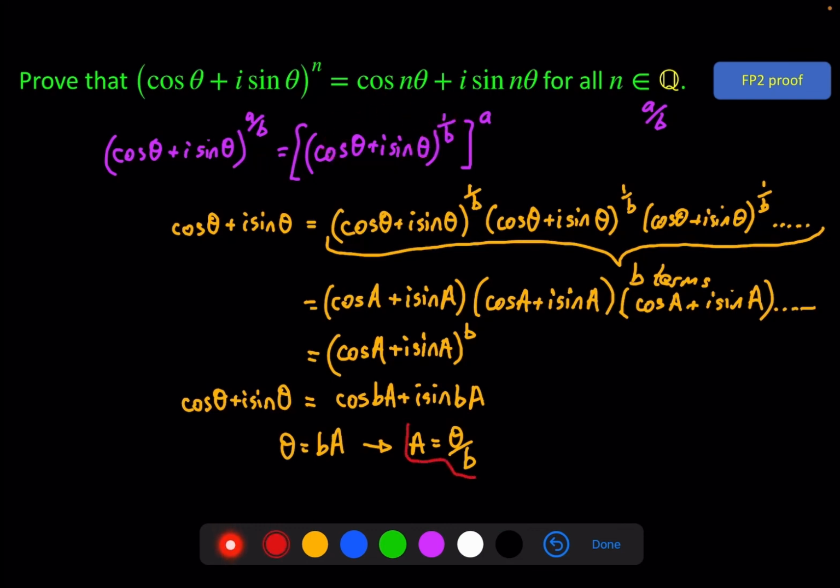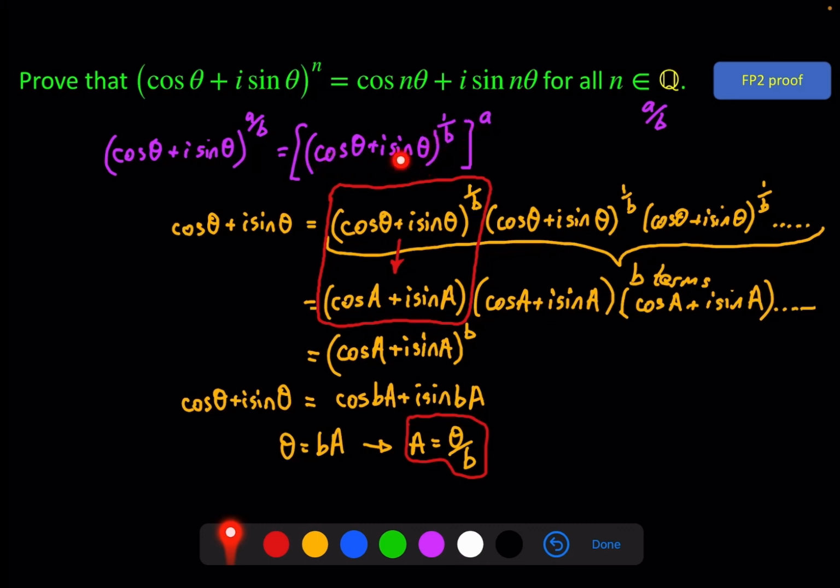So I'm using this fact here together with this connection that I said that this is going to equal this, and we didn't know what a was, but now we know what a is. A is theta over b. So if this thing is the same as this, then this must hold true with the 1 over b coming inside with the theta. Which brings me back to the purple line here.